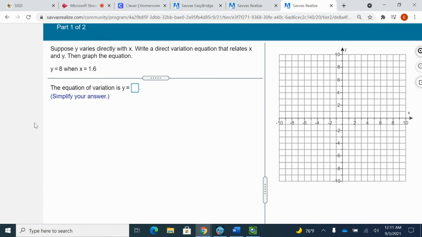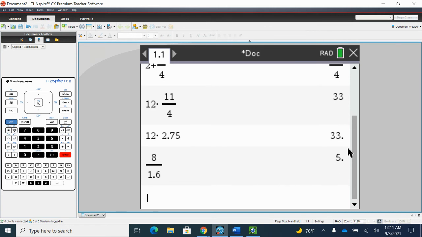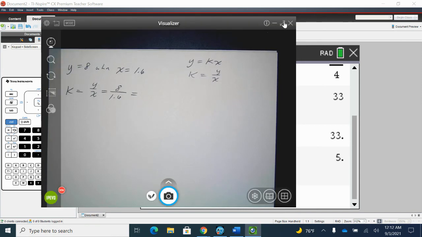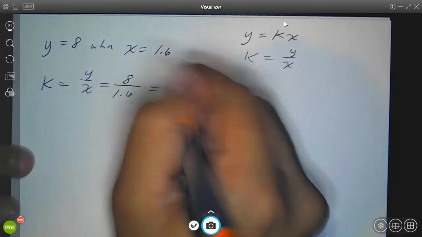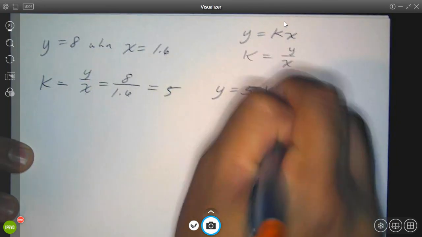The problem says it wants it simplified. I'm probably going to go with a fraction. So let's use our calculator: 8 divided by 1.6 is 5. So k was 5, and my equation is y equals 5x.